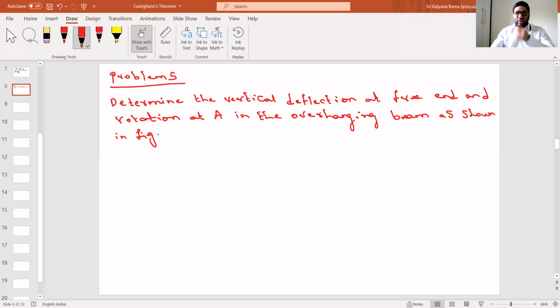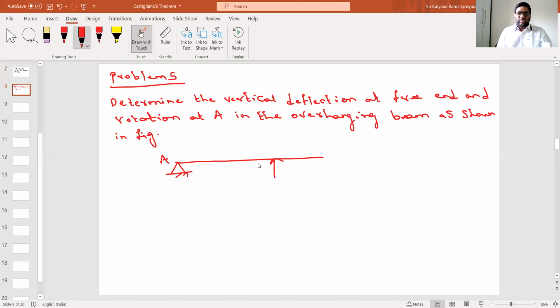Okay. So here, this is an overhanging beam. Okay, which means you have a simple support followed by an extension member. So one end is pinned, other end is simply supported.